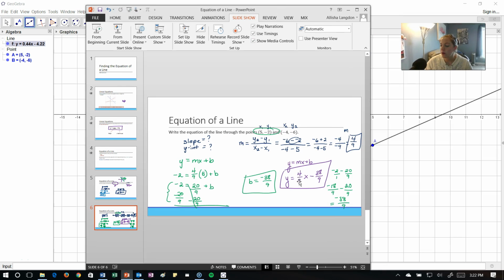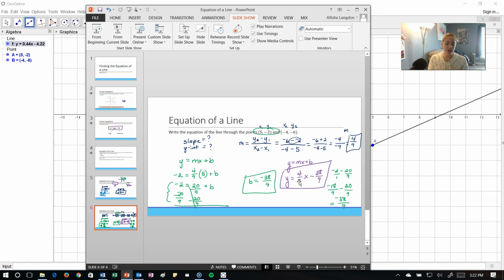If we look here, 4/9, plug it into your calculator. 4/9, you bet, is 0.44, and 38/9 looks like 4.22. Yay! We did it correctly.